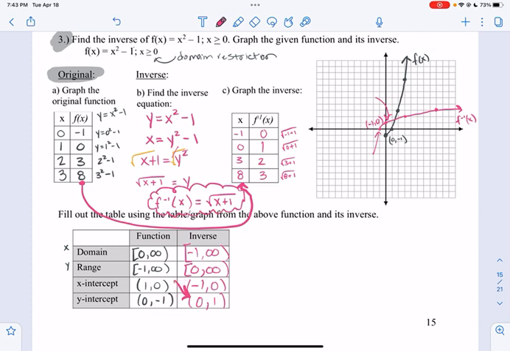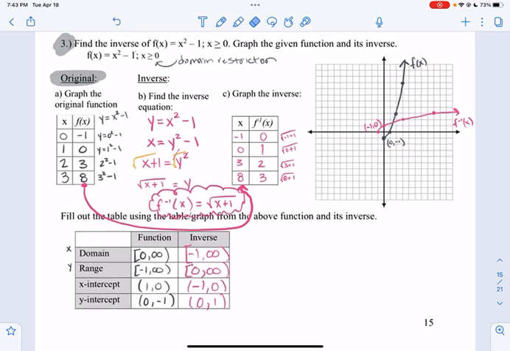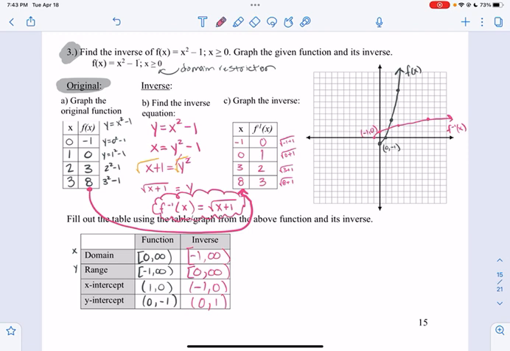Some of you will like to graph it and find it that way. But I think the easiest is do all the original function pieces first. So graph the original, find the domain, range, and intercepts of the original, then go back and do the inverses. I think that is the easiest way so that you're not trying to do 2 at once all the time.